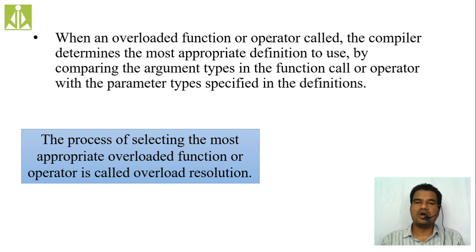When calling, we simply use the function name with the parameters. The compiler decides which definition to invoke based on the type and number of the parameters. The process of selecting the suitable overloaded function is known as overload resolution.